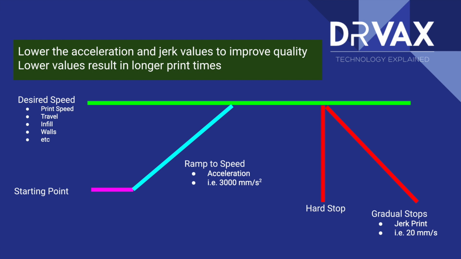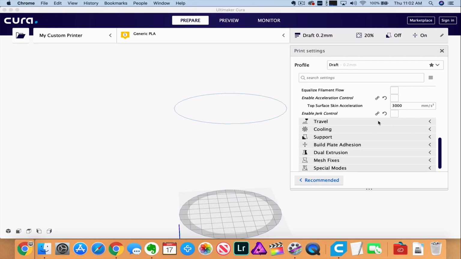The default in Cura is 20 millimeters per second. Now in an acceleration control, the units are interesting. The default is 3,000 millimeters per second squared. That means it can change the rate of acceleration by up to 3,000 millimeters per second over a second.